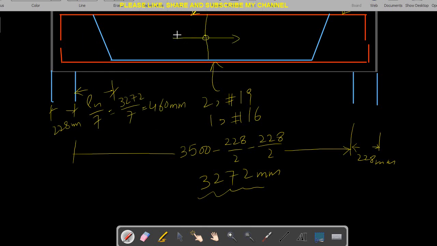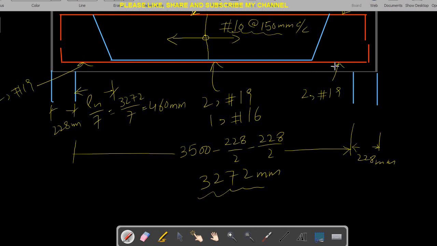So stirrups will be continued to the support, and the stirrup will be number 10 or number 3 at the rate of 150 millimeter center to center. These are assumed, right? Similarly here 2 bars will be continued, right? This is 2 number 19 bar here, and here 2 number 19 bar will be continued, because we have to continue 50% of reinforcement, or 2 bars must be continued.